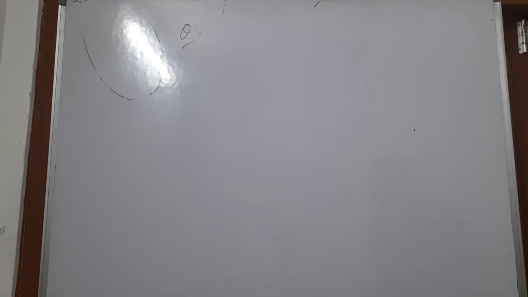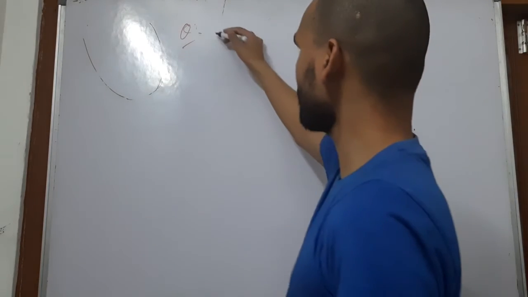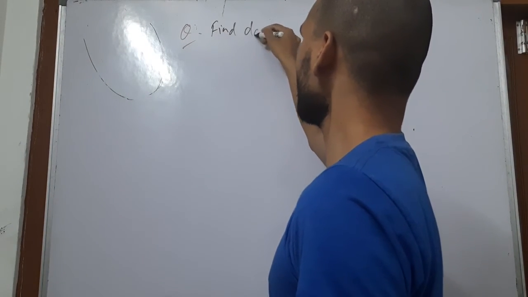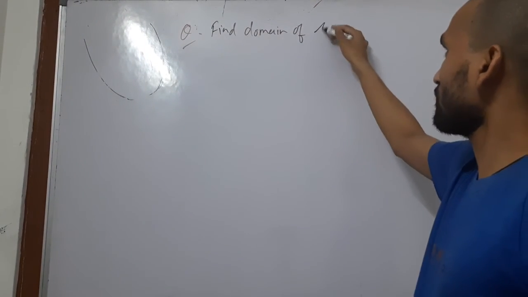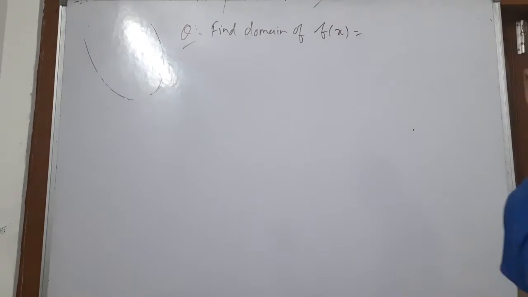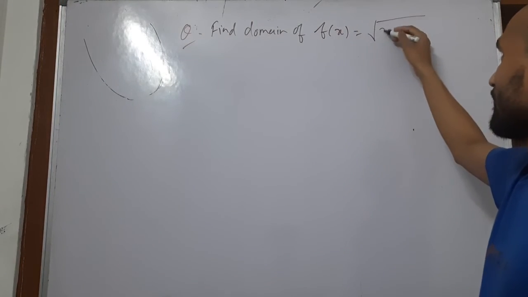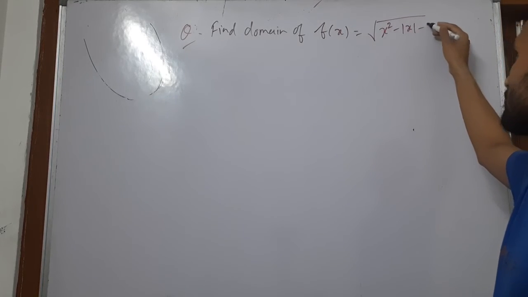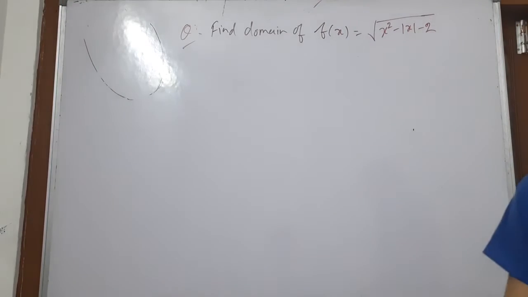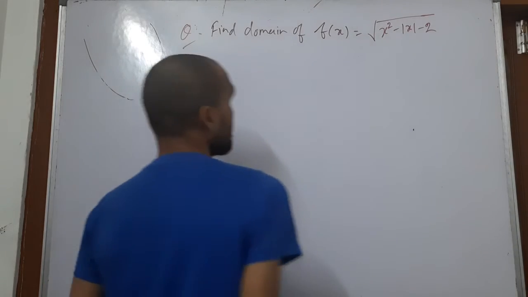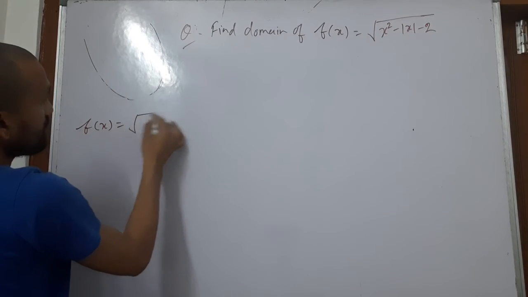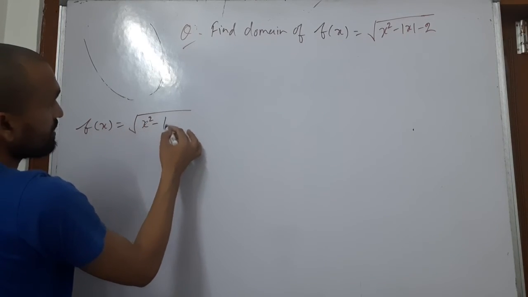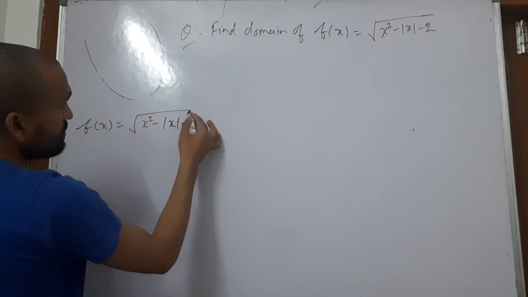Now students, let us take another question: find the domain of f(x) is equal to square root of x square minus mod x minus 2. Okay, let us start.